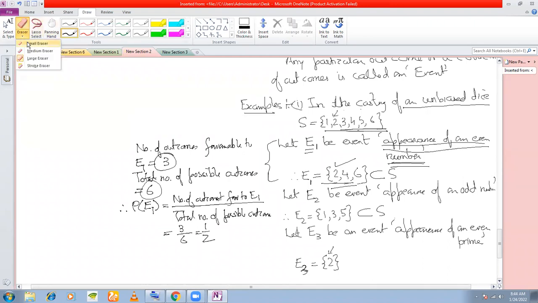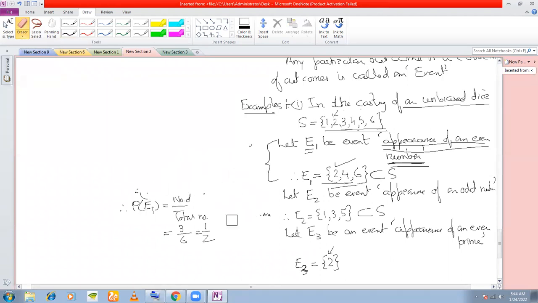Similarly, can you calculate the probability of E2? The number of favorable outcomes for E2 is 3, and the total number of possible outcomes is 6.